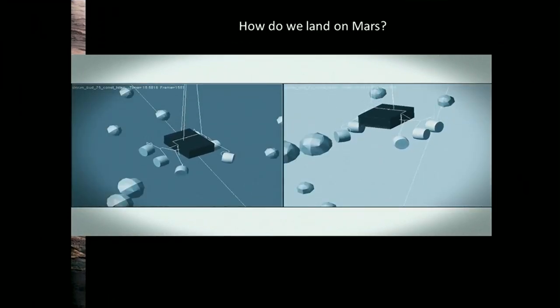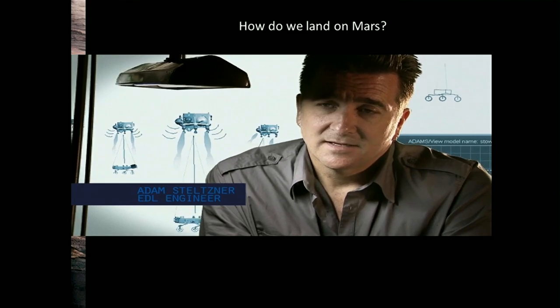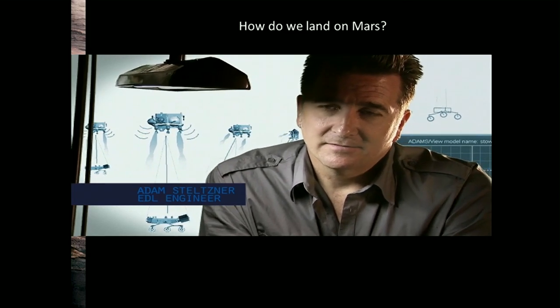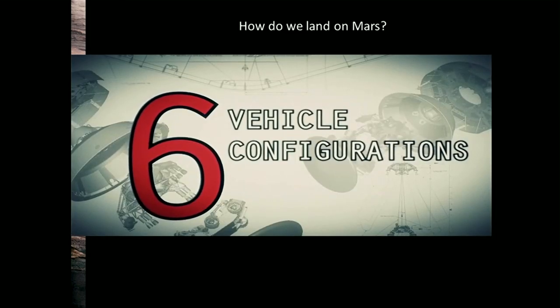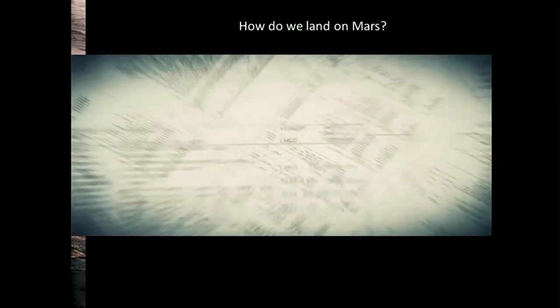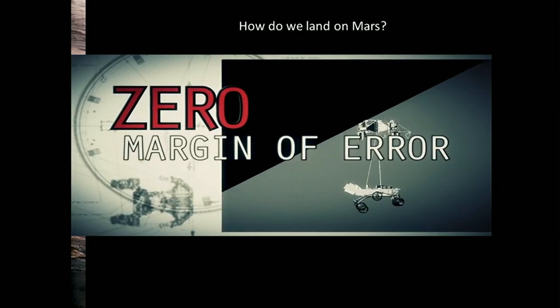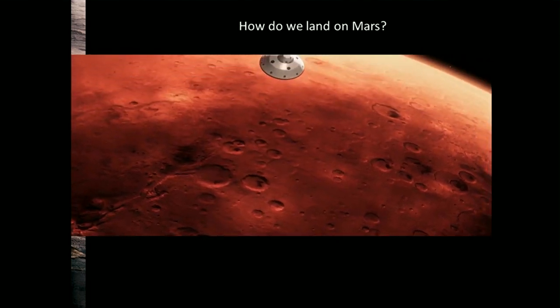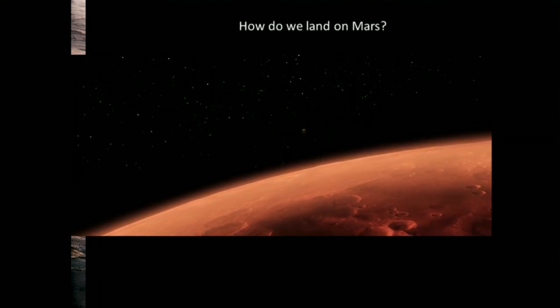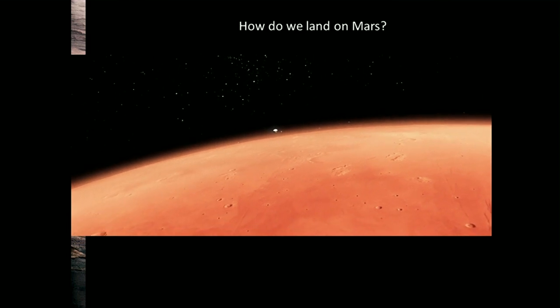When people look at it, it looks crazy. That's a very natural thing. Sometimes when we look at it, it looks crazy. It is the result of reasoned engineering thought. But it still looks crazy. From the top of the atmosphere down to the surface, it takes us 7 minutes.